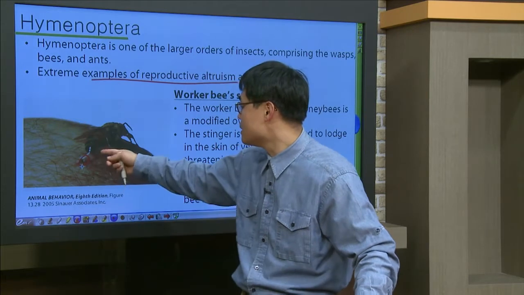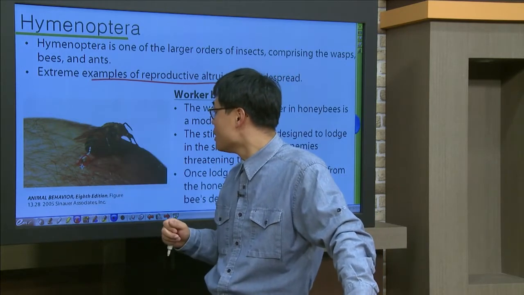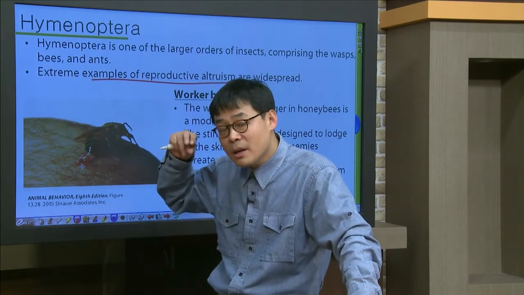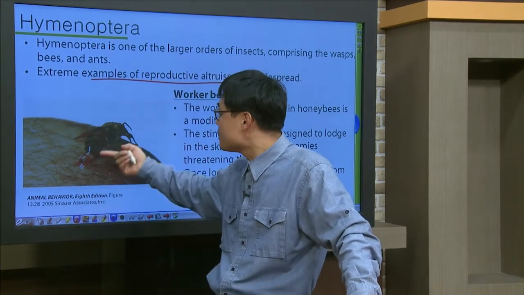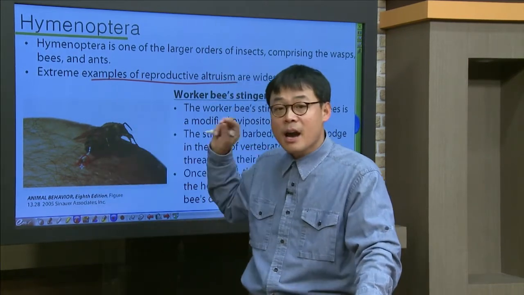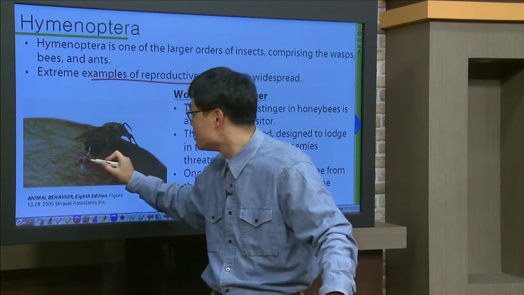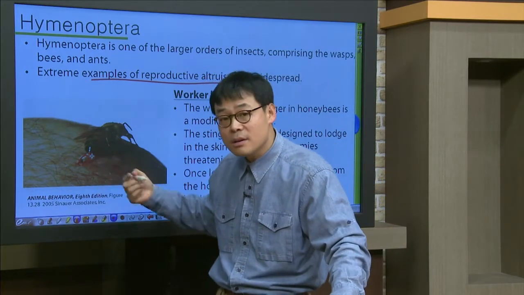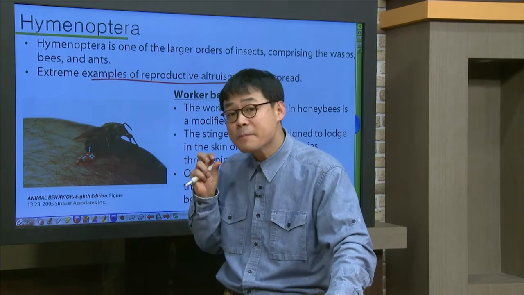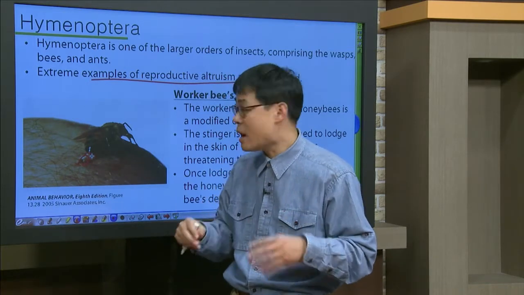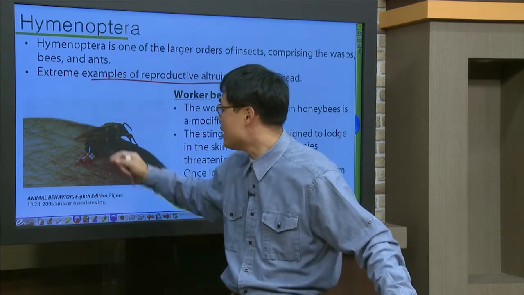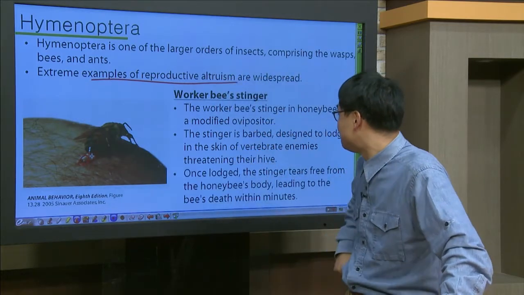Even if it's separated from the bee, it's still pumping poison into your skin. And after stinging you, this bee dies soon because the stinger is a modified ovipositor. It's a big part of her internal body organs. It's out of her body, and then she will die.